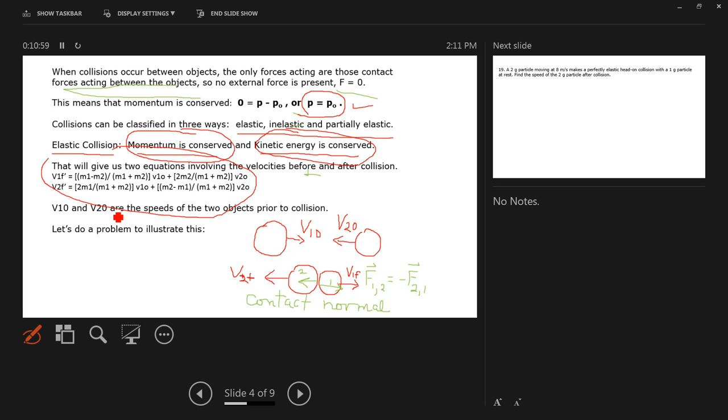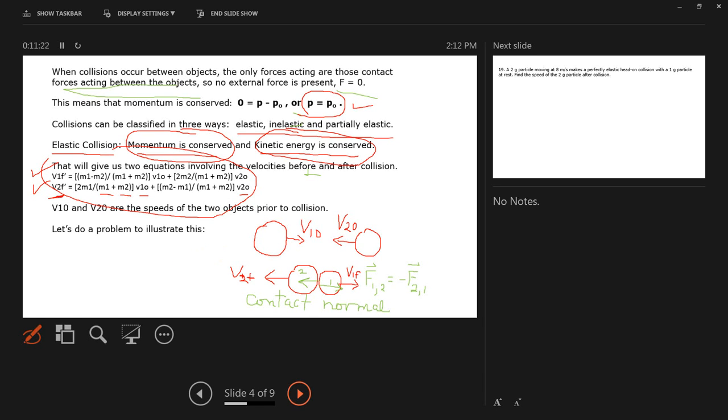So that's what these two equations are stating up here, that this is how fast particle 1 is leaving the collision site, this is how fast particle 2 is leaving the collision site, based on the masses of 1 and 2 and their initial velocities v10 and v20.